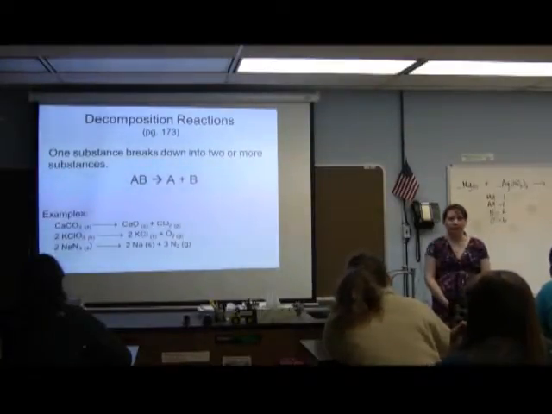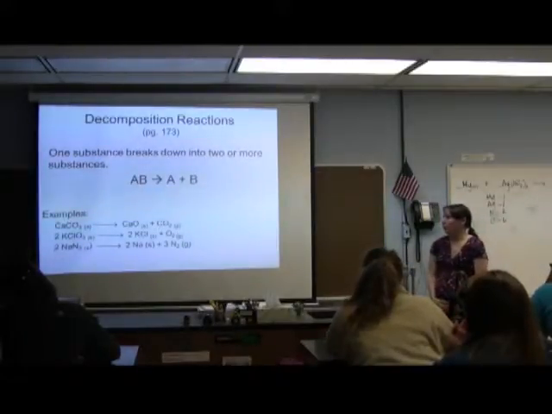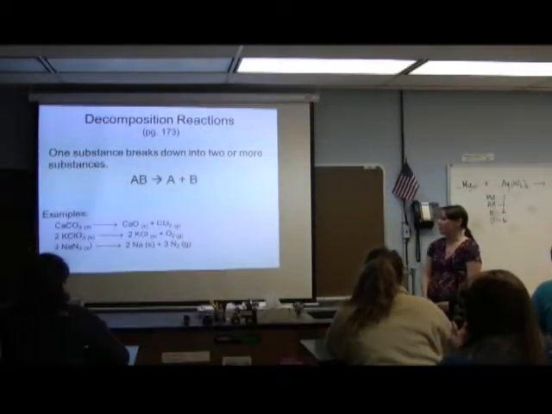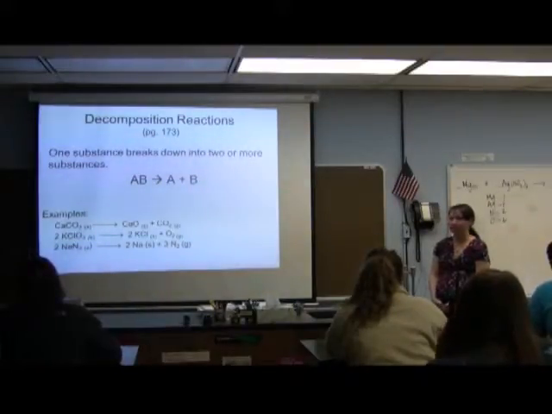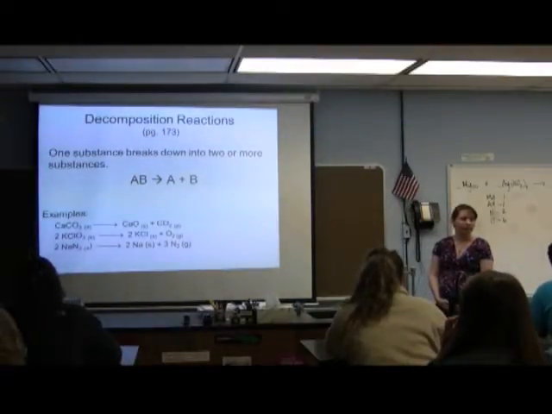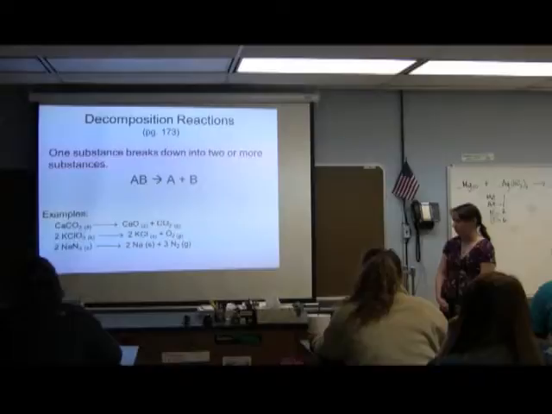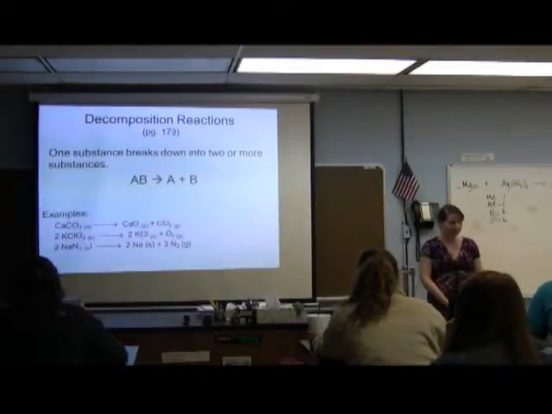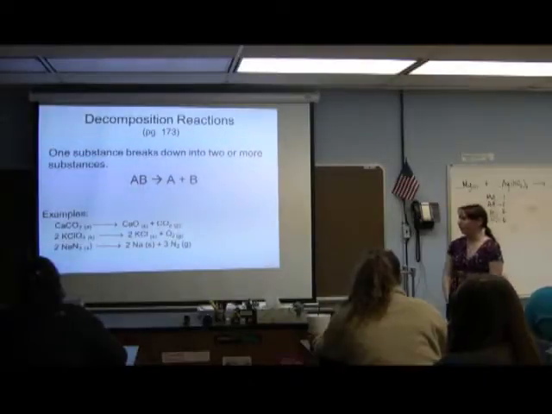If I gave you a reaction like one of those 3 on the bottom and asked what kind of reaction this is, you would know they're decomposition because what do they have in common? They all only have one reactant, and multiple products. That's one of the key indicators you can look for.